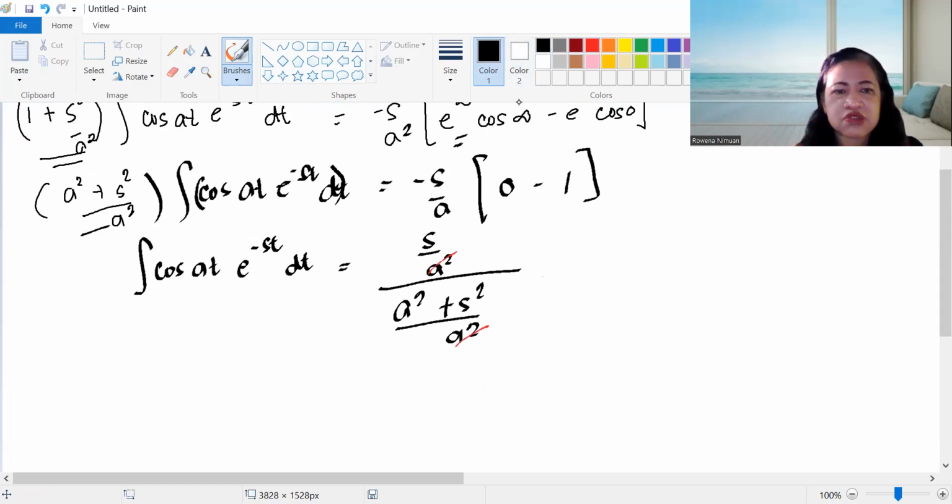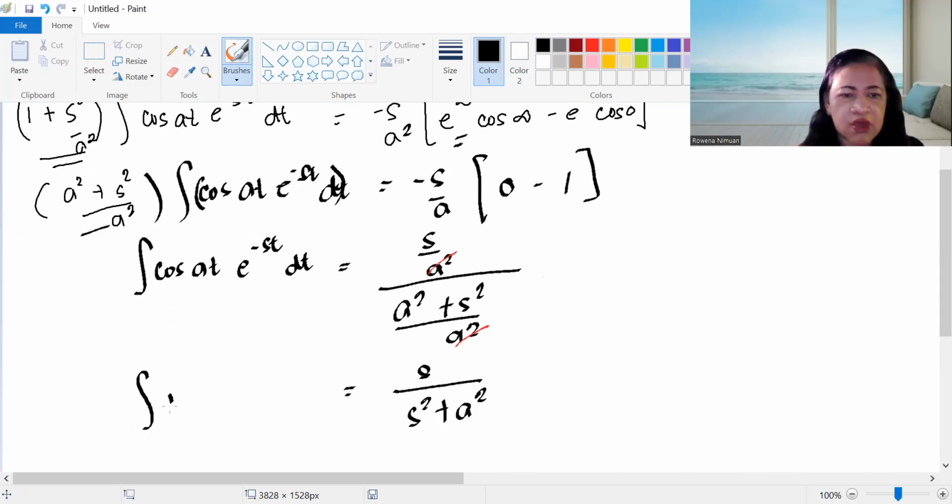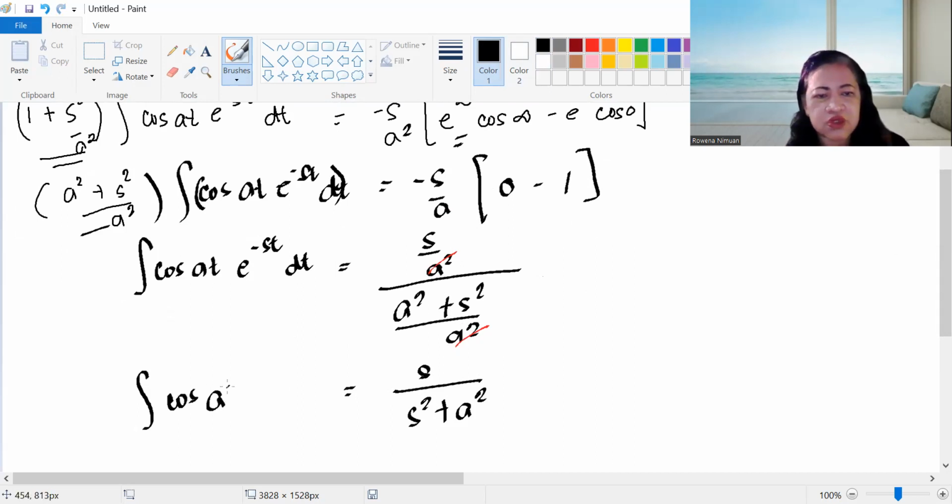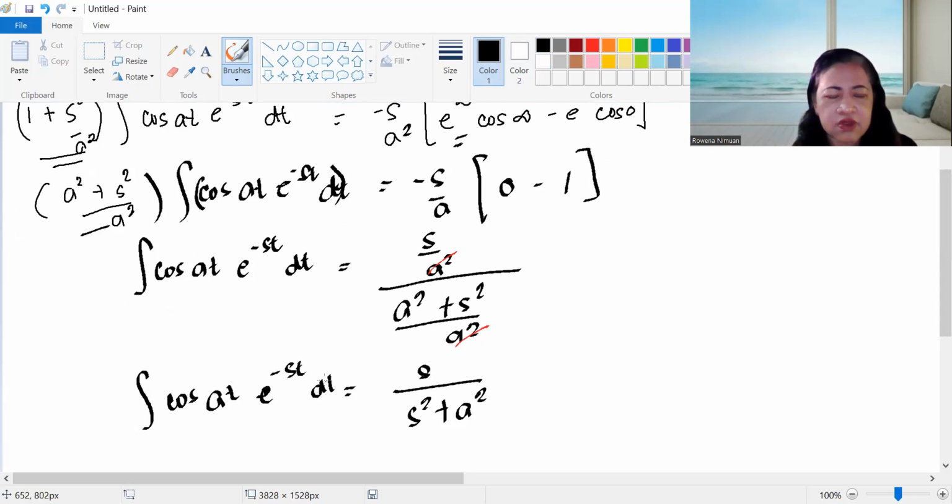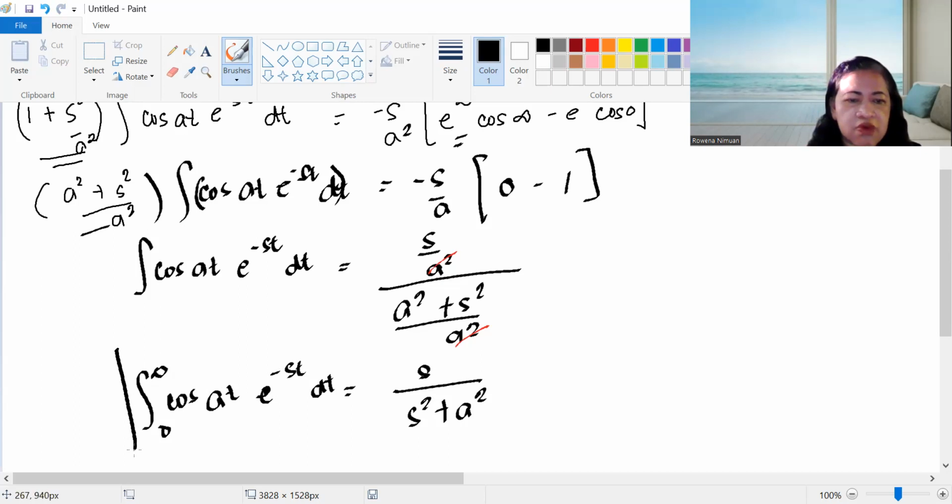So what remains from our equation will be s over s squared plus a squared. So this is now the transform of the function cosine of at, from 0 to infinity. This one is our final answer.